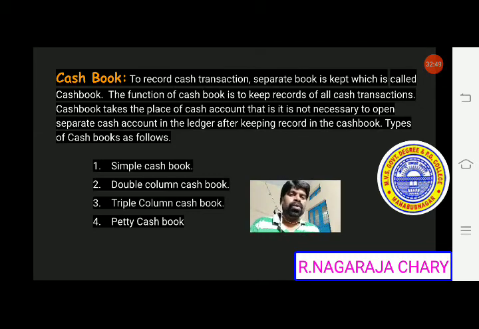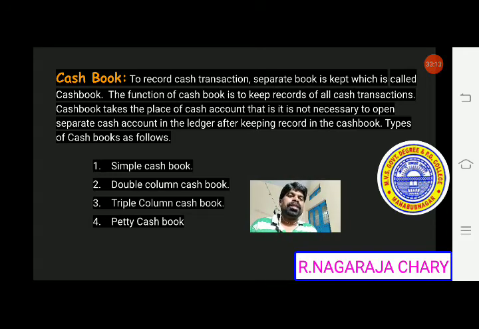In the cash book we have debit and credit columns. This cash book contains an account type, T-shape Proforma. The left side is known as debit, the right side as credit.